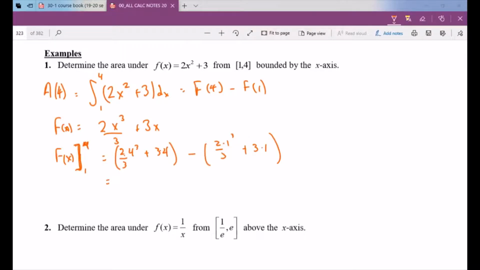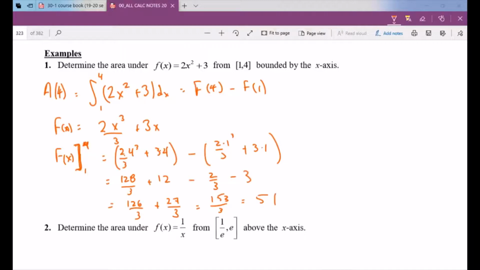This ends up being 128 over 3 plus 12, minus 2 over 3 minus 3, which ends up being 126 thirds plus 9, so plus 27 thirds. We add that together, 153 thirds, which is 51.